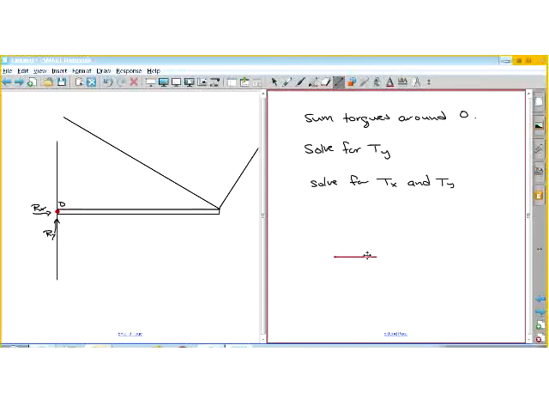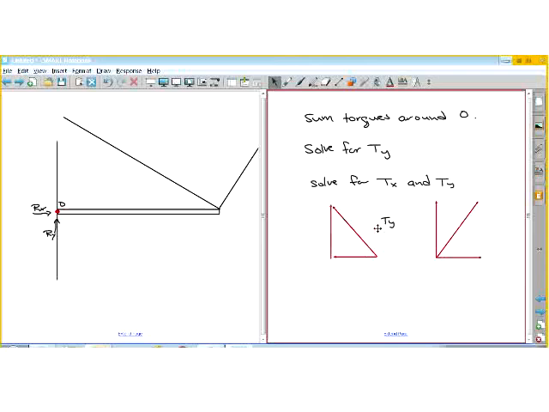You're either going to have a force triangle that's going this way if it's this support, or you're going to have a force triangle that's going this way if it's this support. So if you have this support, this force will be going this way to counteract the force that goes that way. And so, what you're going to figure out is T sub y here.